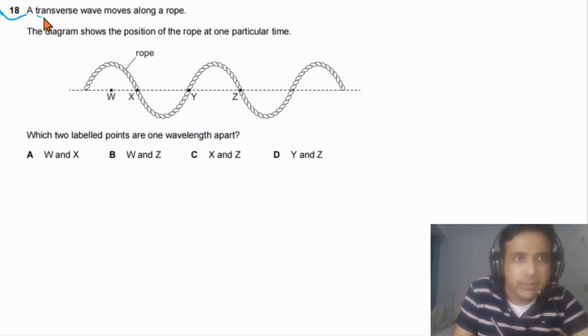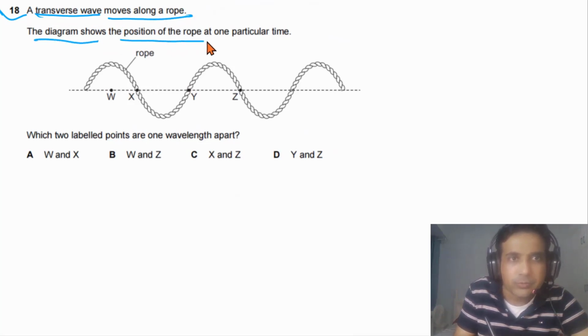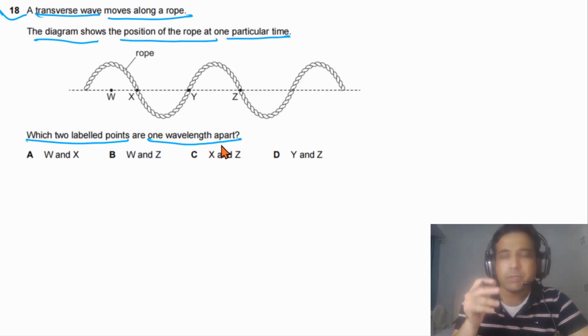Question 18 says a transverse wave moves along a rope. The diagram shows the positions of the rope at one particular time. Which two labeled points are one wavelength apart? Wavelength is the distance between two consecutive same points on the wave.